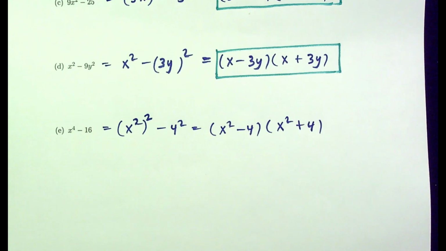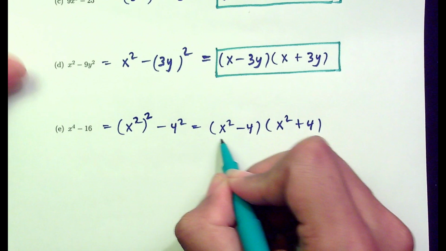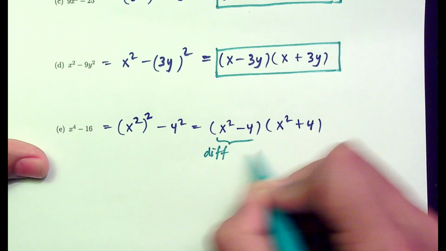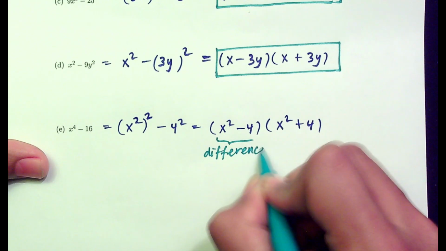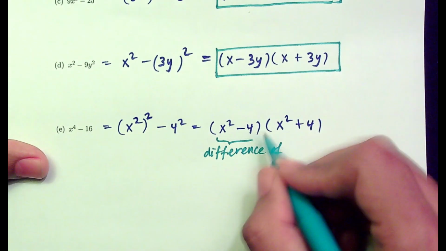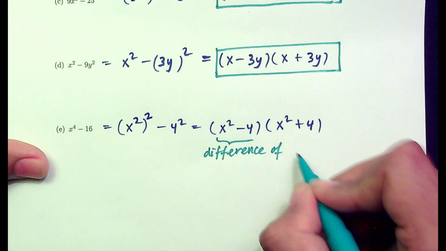And now you might be tempted to say that that's over, but that's not over because this one is a difference of squares again. So that means we're supposed to continue. We're supposed to keep going. And it is your job to recognize that you can keep going.